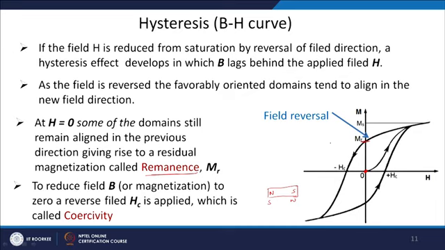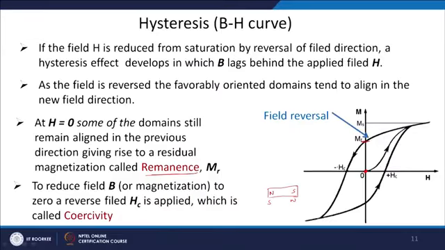To get rid of this magnetization, we have to now go into the negative direction of the field. How much negative we have to go is given by Hc, to reduce the flux density B or magnetization to 0. Now we have come to zero flux density in the material.